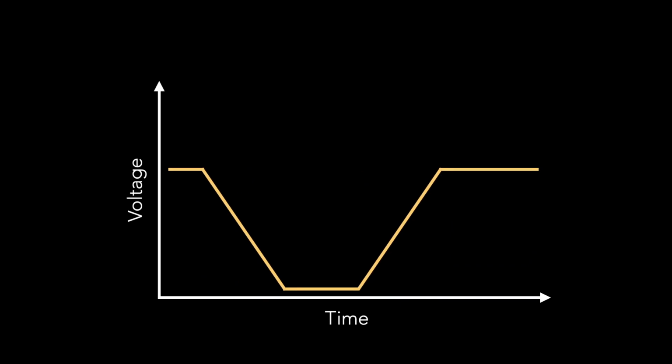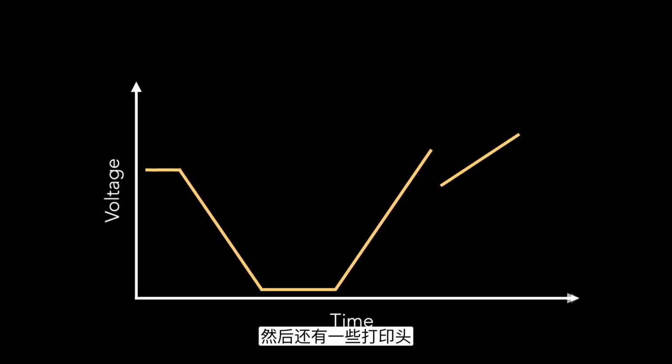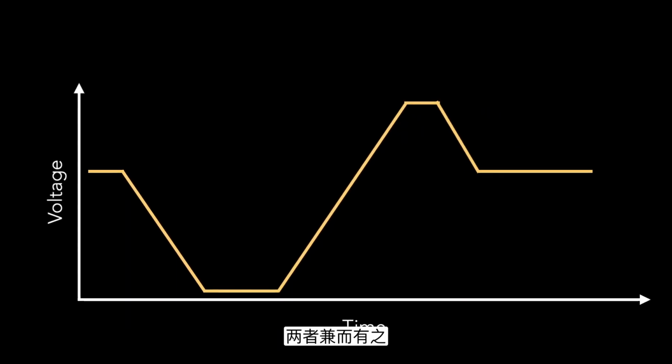There are also versions of waveforms where the printhead sits idle at a voltage and a drop in voltage is what's causing the walls of the nozzle to move. And then there are some printheads that are a little bit of both, where they can move in the negative or the positive direction. Regardless of which printhead you're using, they all follow the same fundamental waveform optimization techniques, and those are what we're going to cover today.